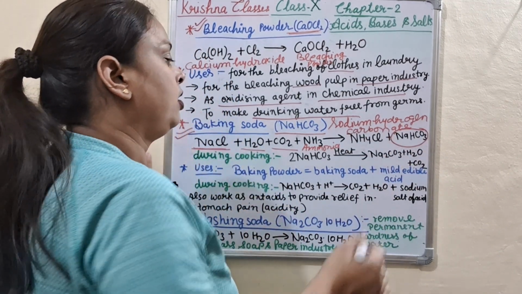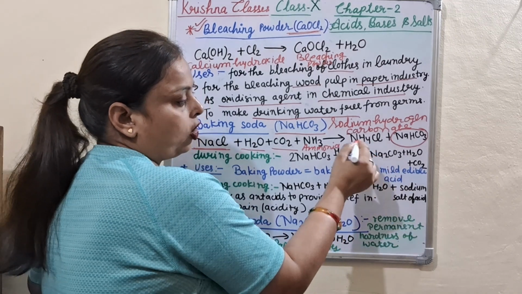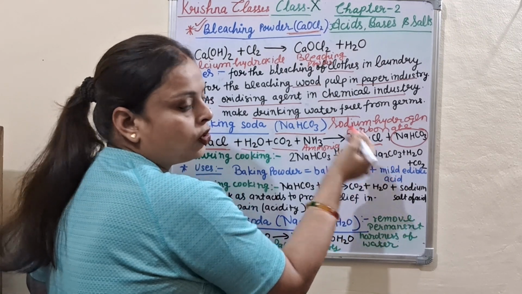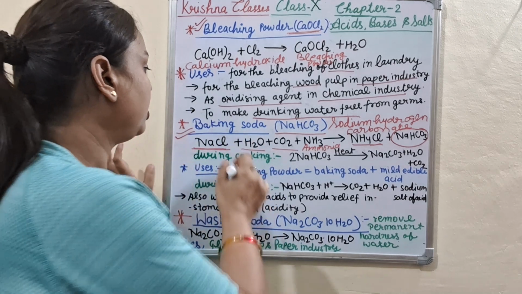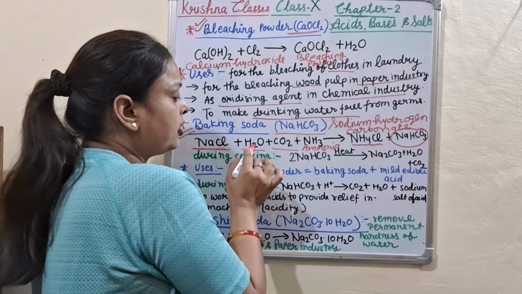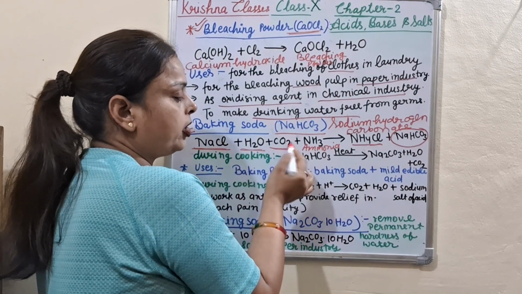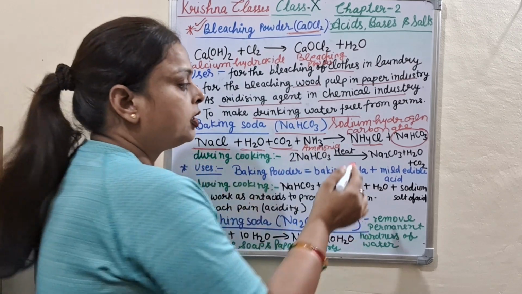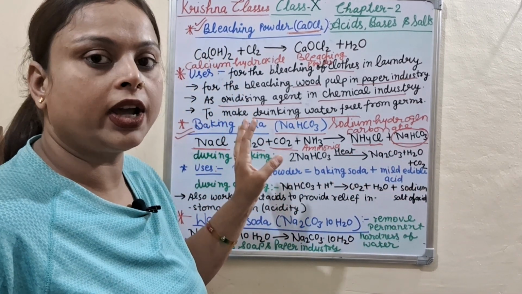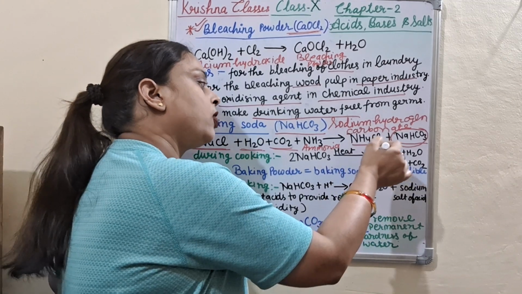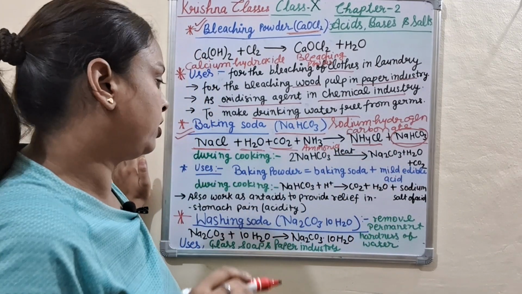Okay, and ammonium chloride also forms. This is called ammonium chloride. So by this process, common salt reacts with water, carbon dioxide and ammonia, then sodium hydrogen carbonate, that is called baking soda, is formed, and ammonium chloride is also formed.